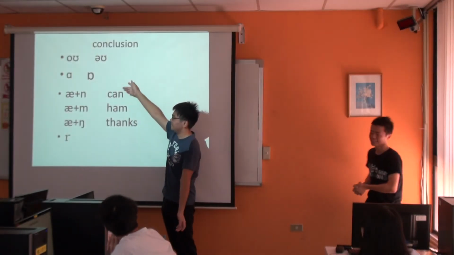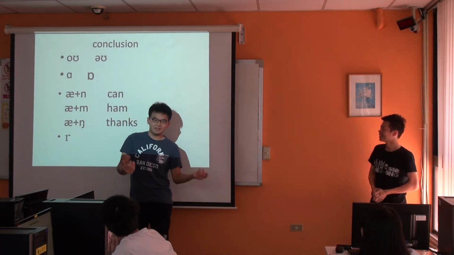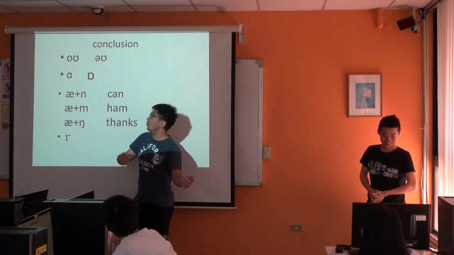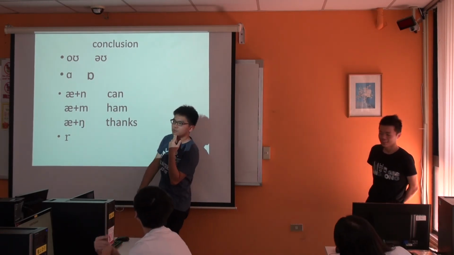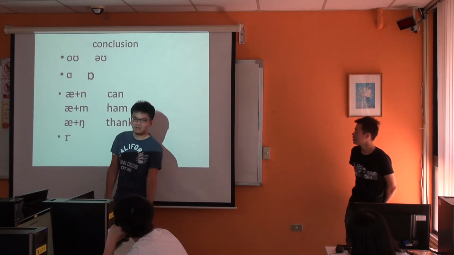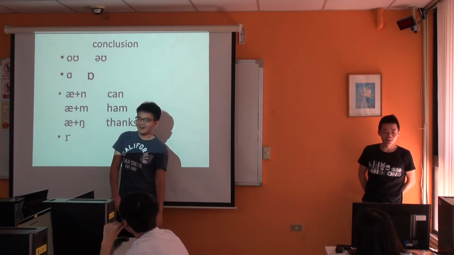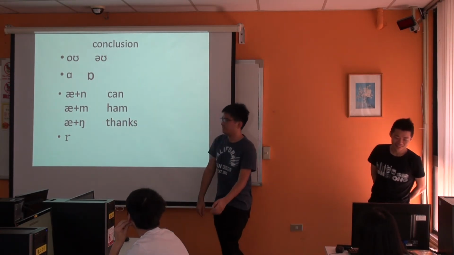I'll present the first one. The first is O. If you may speak it after me. O. O. And then the next one is O. O. O. And the next is Ah. Ah. And then the British one is O. O.